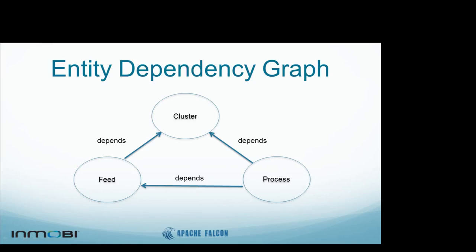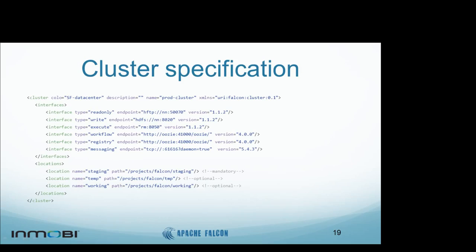Feeds also depend on the cluster, because on that cluster they have their location, which is where the data is available, and the retention jobs which are scheduled will be scheduled on those cluster endpoints. I'll show you a detailed view of those.